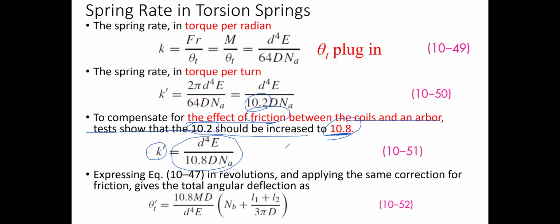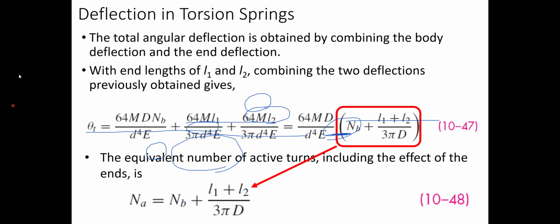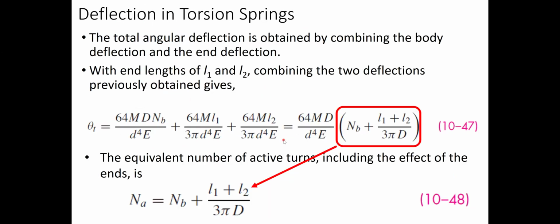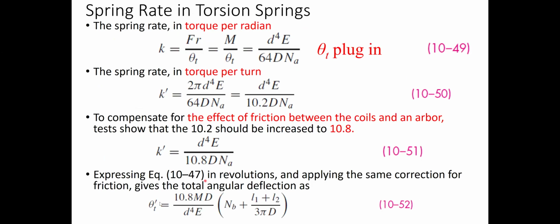And from the previous equation 27, theta T equals this term, and we can modify this equation to theta T prime equals 10.8 M D over lowercase d to the power 4 times the Young's modulus, times this term.